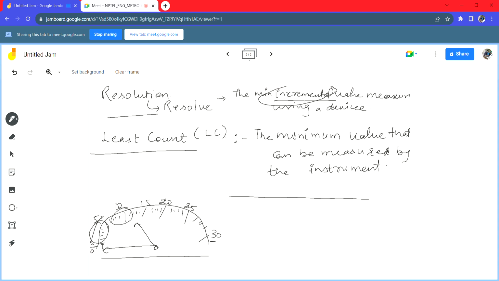Say we are reading the speed of a car with this measuring device, and my device can give a deflection from, say, this zero position till here, that amounts to 3 units. Then this becomes my resolution.